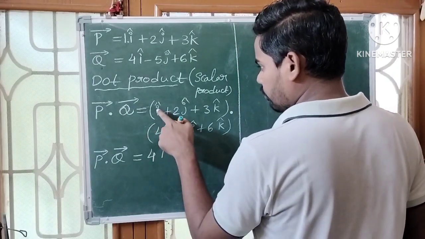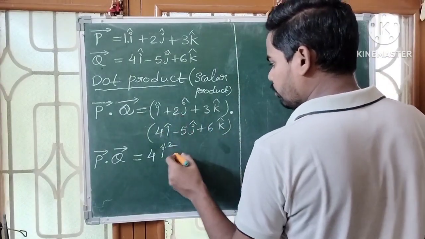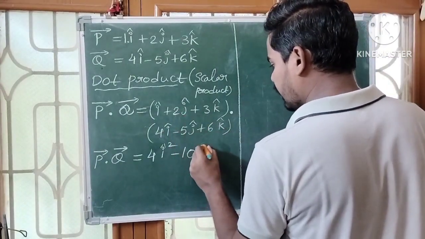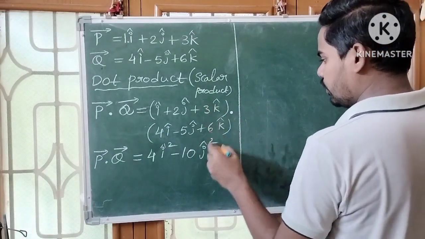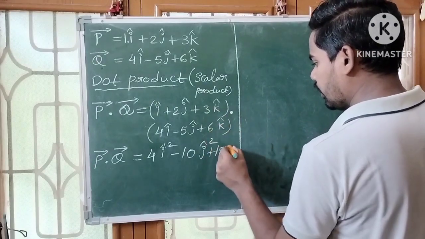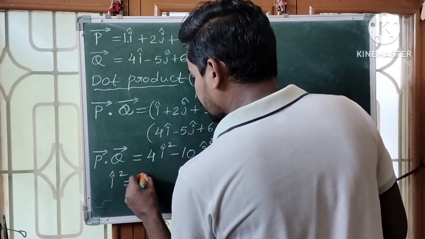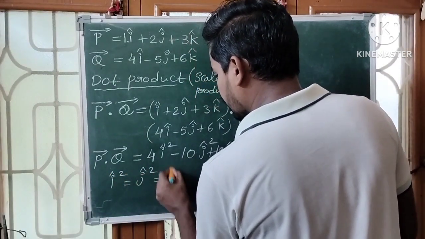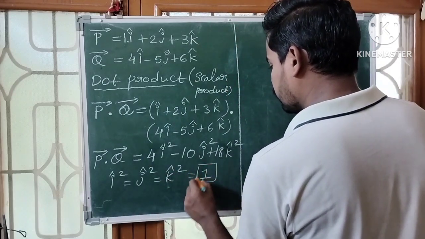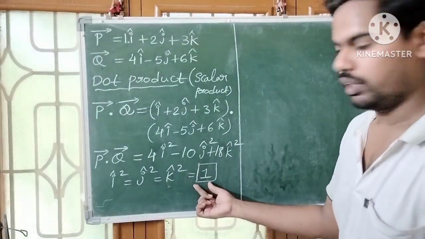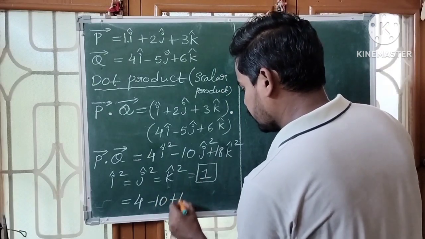Next y component into y component, 2 into minus 5, minus 10, j cap square. z component into z component, 3 into 6, 18, k cap square. Remember, i cap square is equal to j cap square is equal to k cap square, square of unit vectors is always equal to 1.